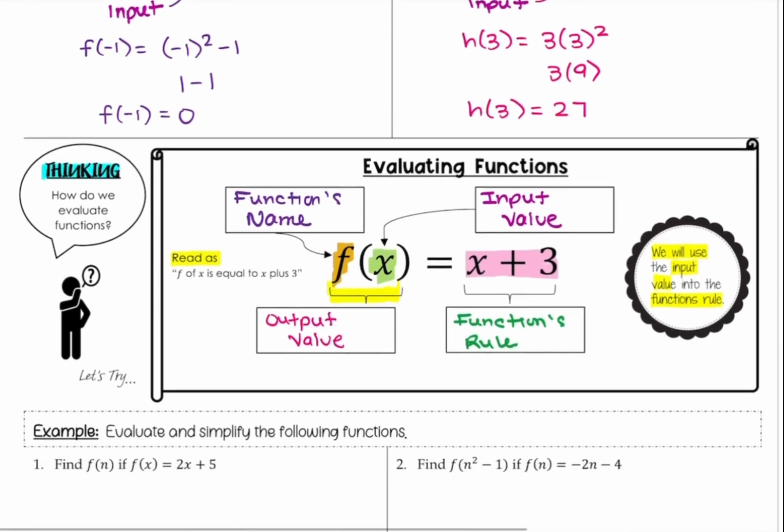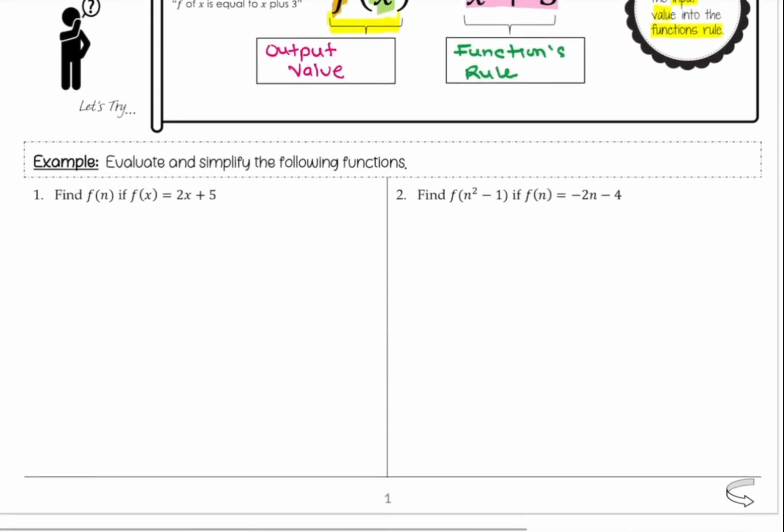So let's take a look at our example. We have evaluate and simplify the following functions. For number 1, find f of input n, if f of original input x is equal to 2x plus 5. So here what we have been given is some sort of new input value. We have an original input value of x.